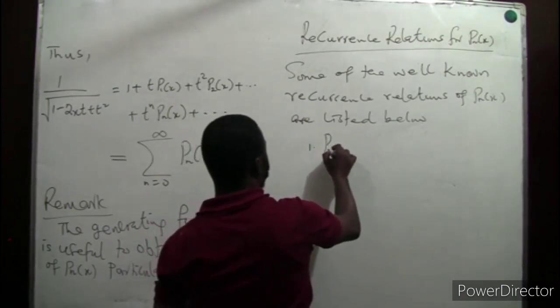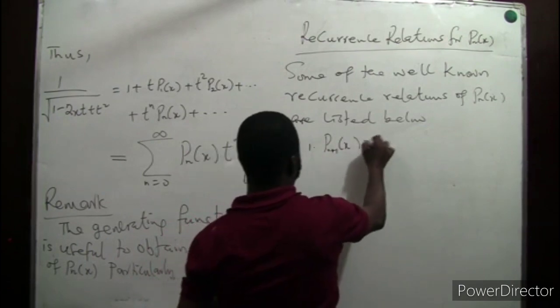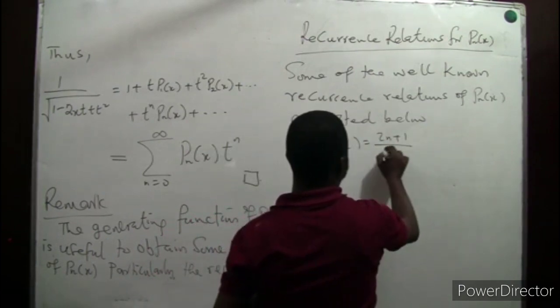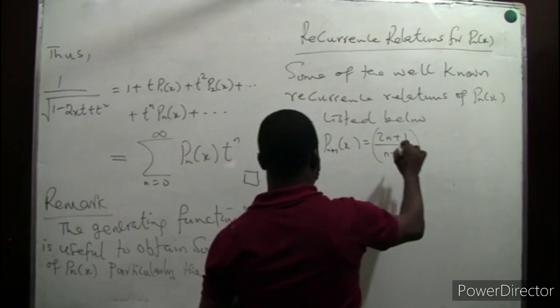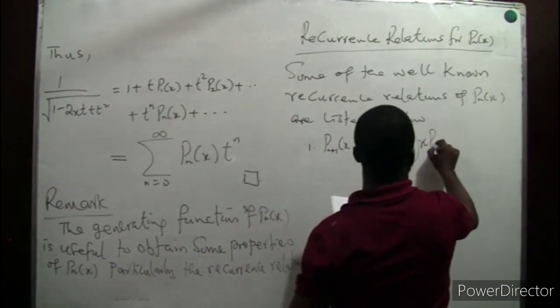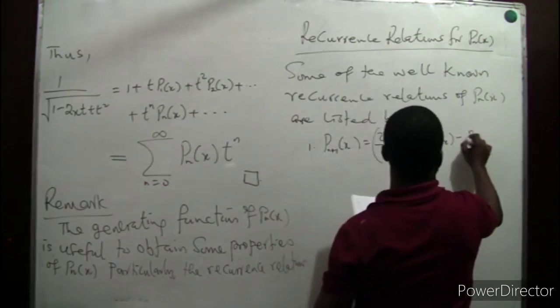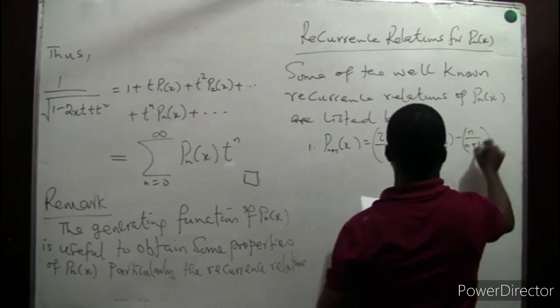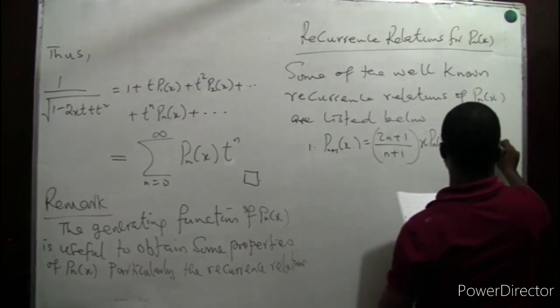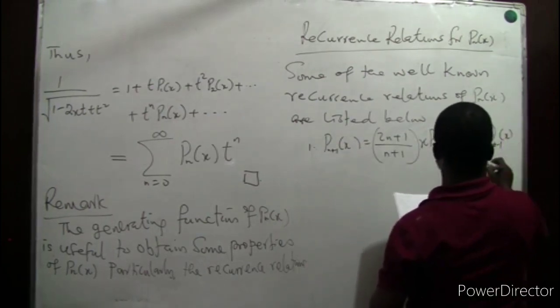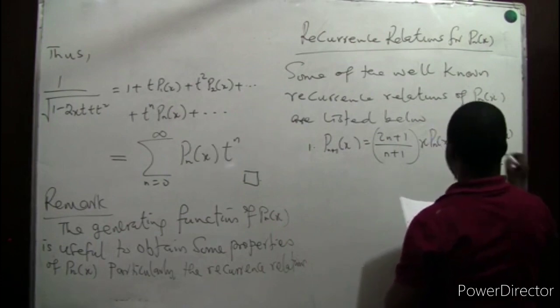Pn plus 1 of x equals (2n plus 1) divided by (n plus 1) x Pn of x minus n divided by (n plus 1) Pn minus 1 of x, provided that n is greater than or equal to 1.